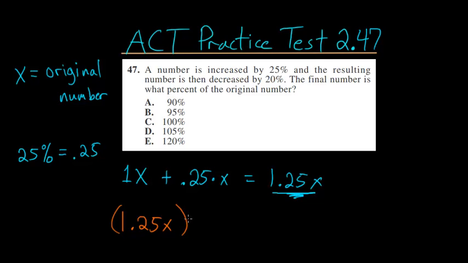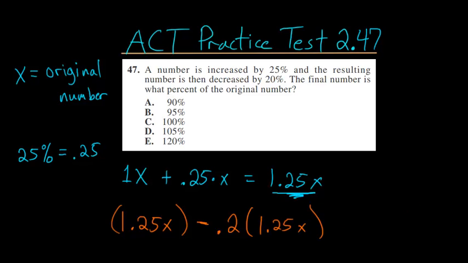So essentially, we'll take this new number, multiply it by 20%, and then subtract that from the new number. Or in other words, from this, we're going to subtract the new number multiplied by 20%. So we're subtracting 0.2 times this 1.25x.